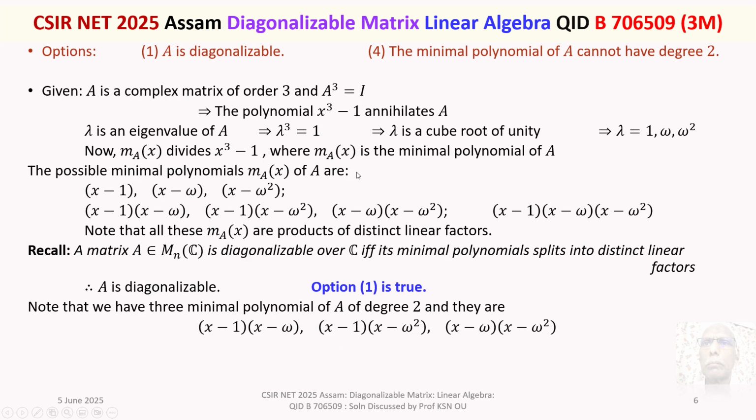And option 4 says the minimal polynomial of A cannot have degree 2, but we have 3 minimal polynomials of A whose degree is 2. Thus, option 4 is not true. Right. Summarizing all the options, the answer to this question is option 1.